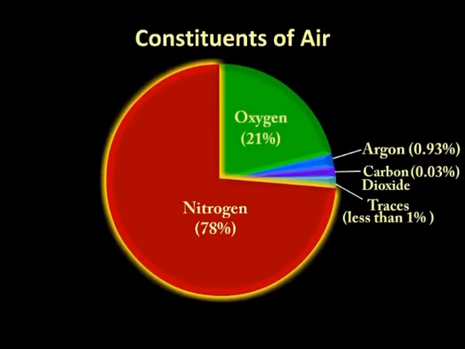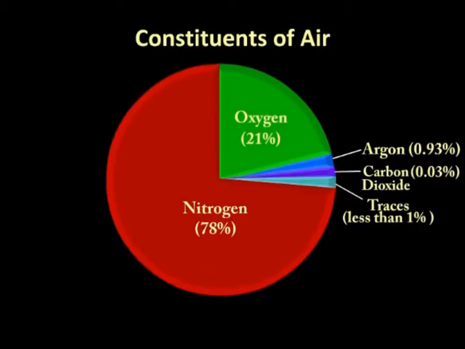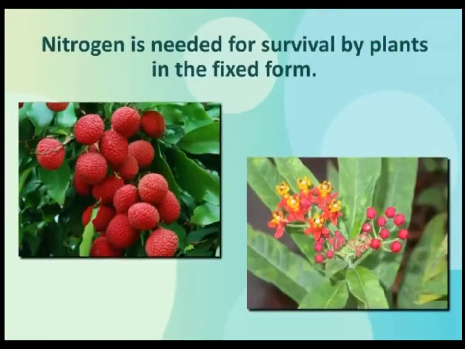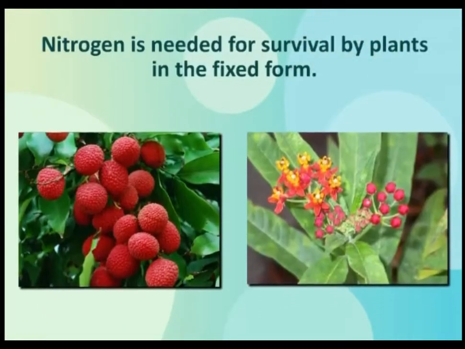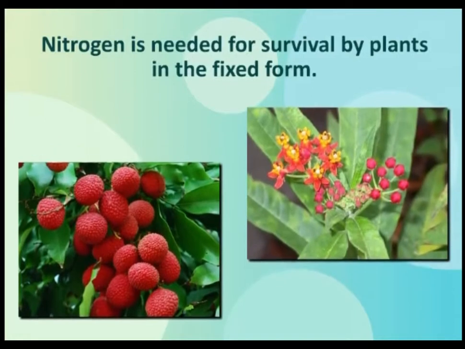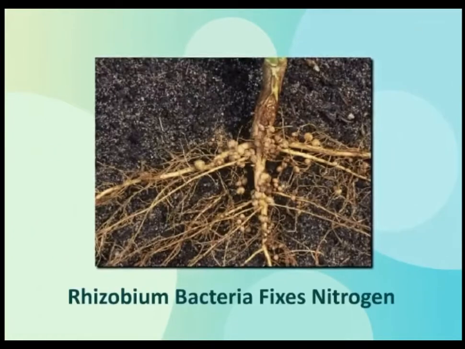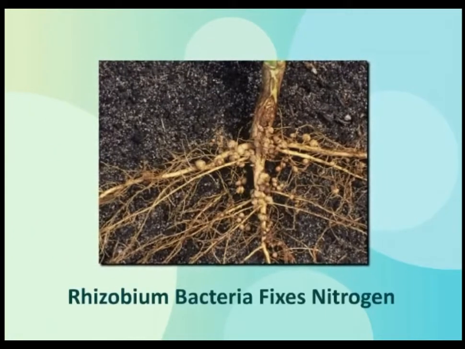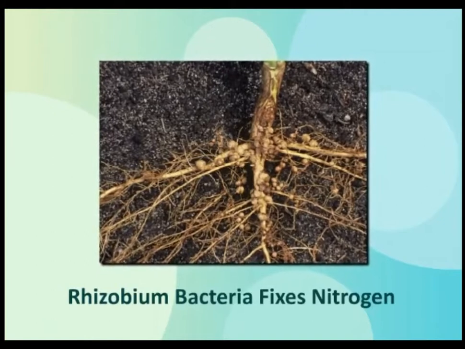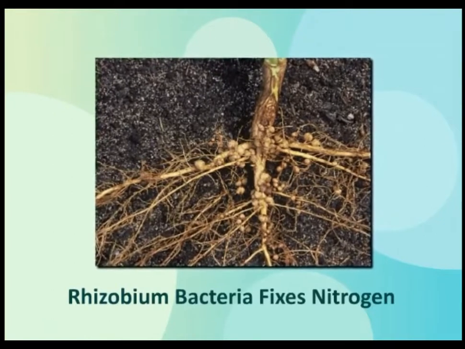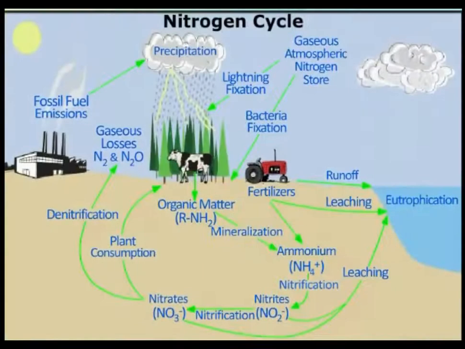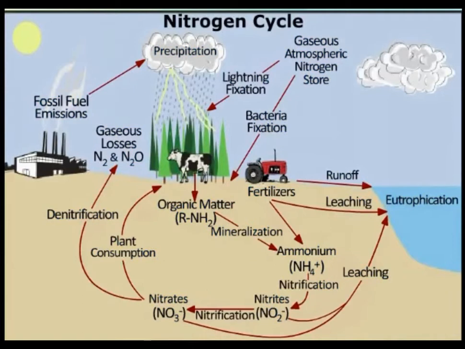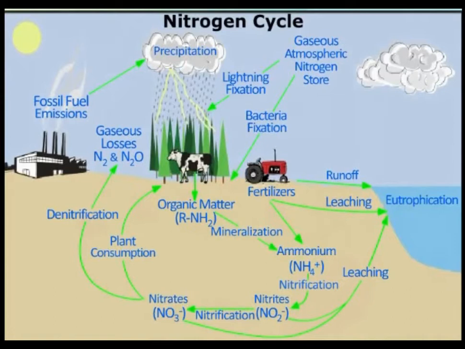Nitrogen makes up 78% of the volume of the air. It is needed for survival by plants in the fixed form. Bacteria found in the soil fix the nitrogen, which is then used by the plants. Nitrogen moves between atmosphere, biosphere, and geosphere in different forms in a process called the nitrogen cycle.